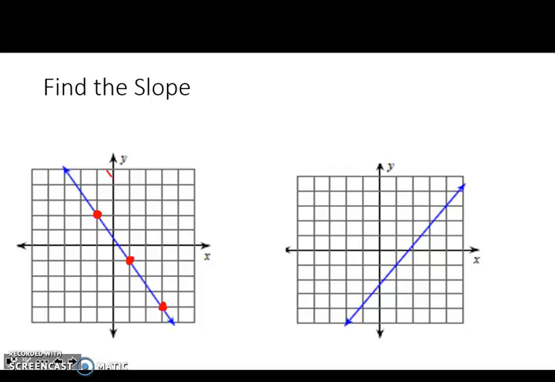Again, I notice that this line is going downhill, so I know it has a negative slope, which means I have to put a negative sign in the front of my fraction bar. Okay. And then I'm just going to count rise over run. So I'm going to go 1, 2, 3 blocks.